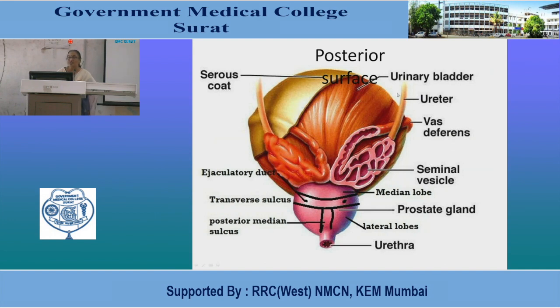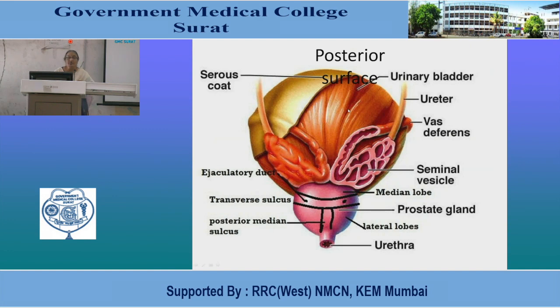In the practical dissection hall, you can differentiate the male and female urinary bladder by the identification points on the posterior surface. All these structures of the male reproductive system, located on the posterior surface of the urinary bladder, differentiate the male bladder from the female bladder.